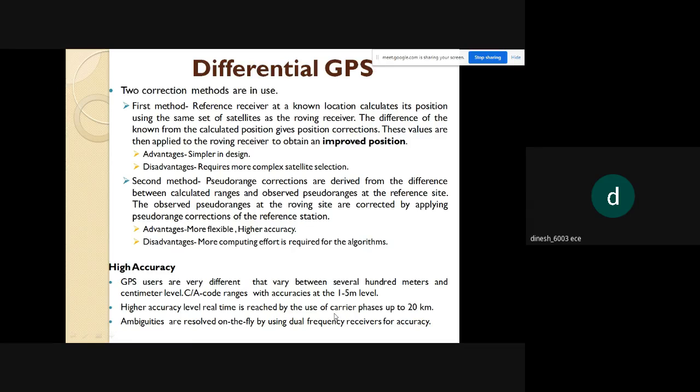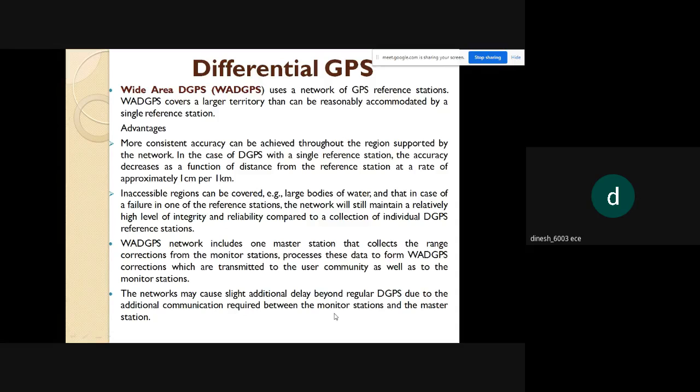So next is the wide area DGPS, wide area differential global positioning system. This uses a network of GPS reference stations that covers a larger territory than can reasonably be accommodated by a single reference station. We can gather information for a larger area.